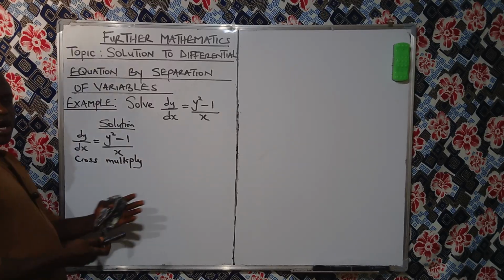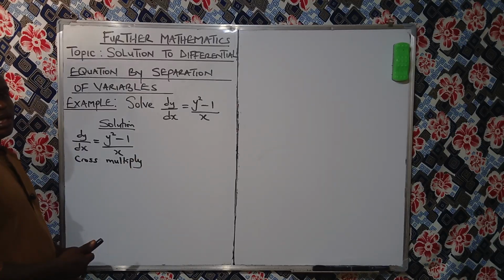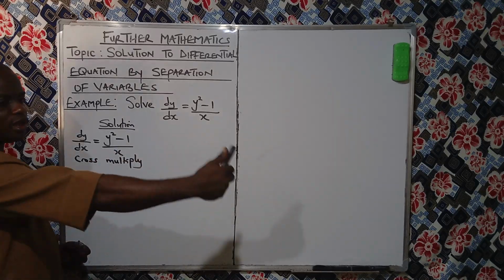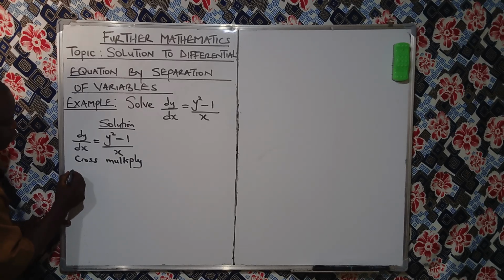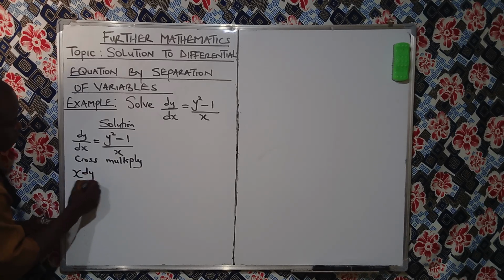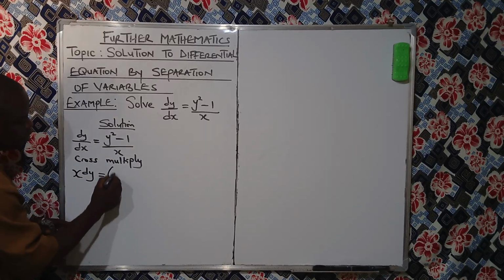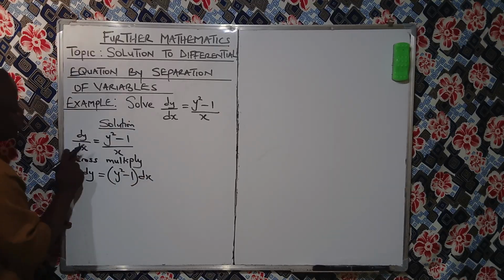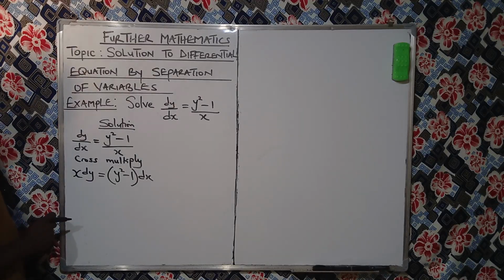I want the expression for y and dy on the left hand side, and the expression for x and dx on the right hand side. So I will have x dy, x multiplied by dy, equals y squared minus 1 dx.